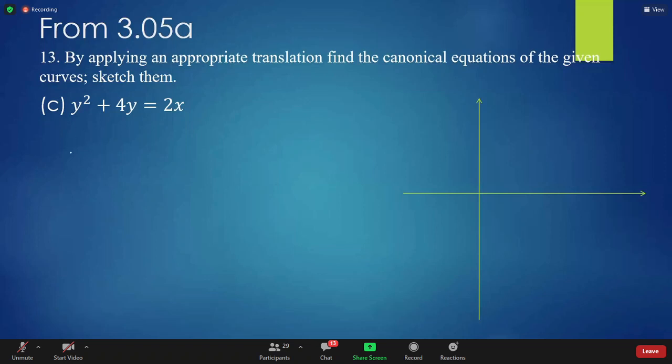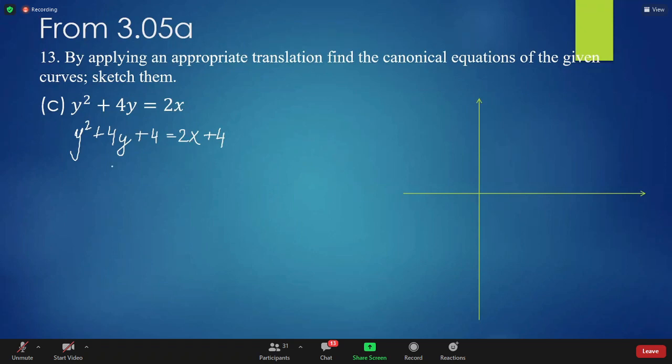So this would mean y squared plus 4y, and to complete the perfect square, we need plus 4. Then we will have y plus 2 squared. On the right hand side, 2x, and if I added an extra 4 on one side, of course I need to add the extra 4 on the other side as well.